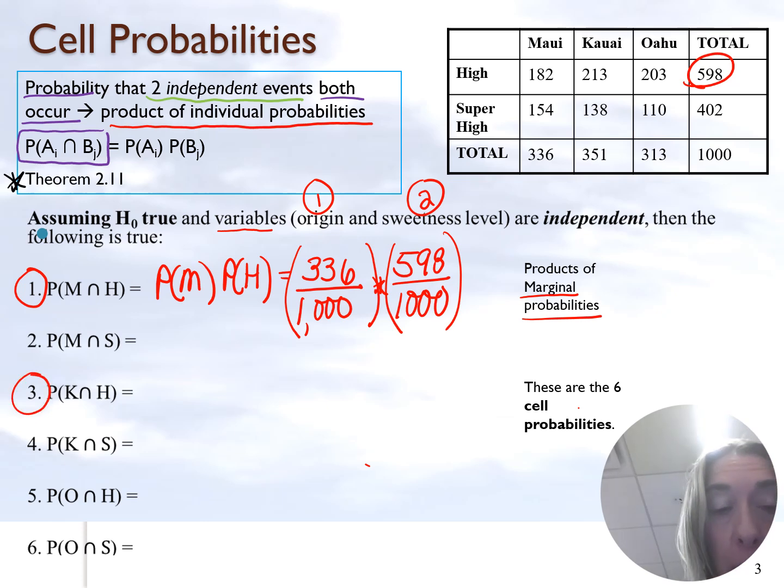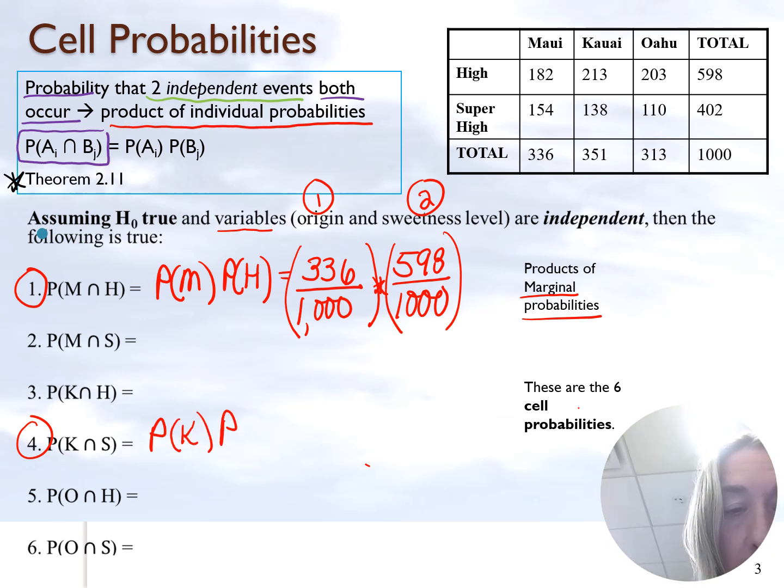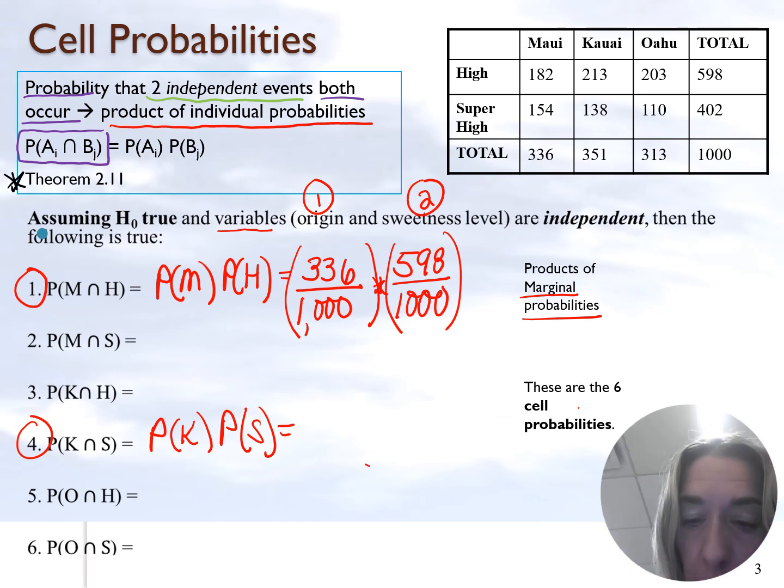Let's try another one. What's the probability that a pineapple is from Kauai and it has a super high sweetness rating? So we're going to use the marginal probabilities for that. Assuming the events are independent, probability of K and S is the probability of K times the probability of S. What's the probability of being from Kauai?